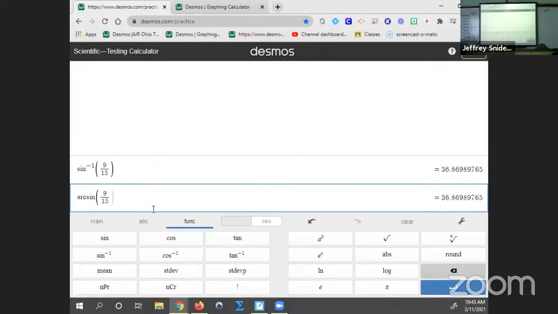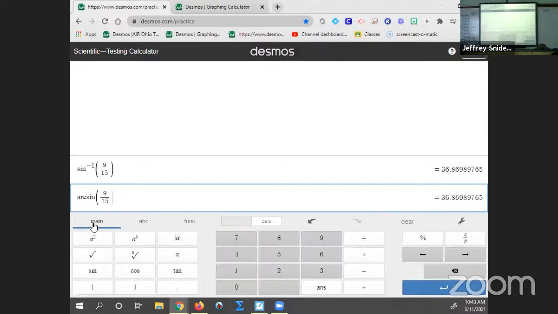Oh, that's actually quicker than going over, hitting function, and having to hit that button. I can just stay on the main screen if I want to do that. So there's a couple ways you can do it if you're using a regular Desmos scientific calculator.